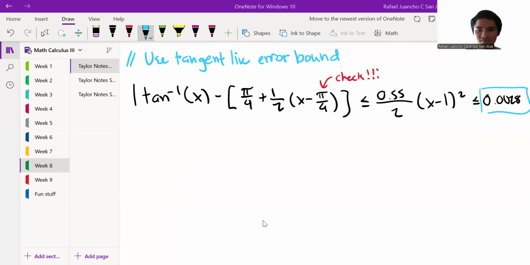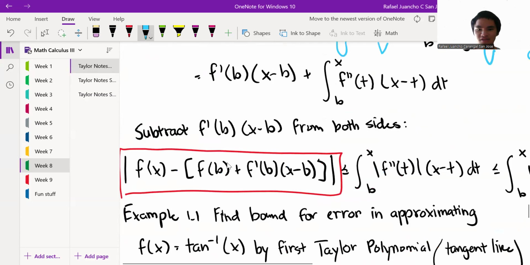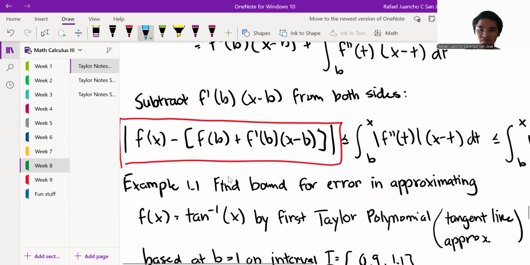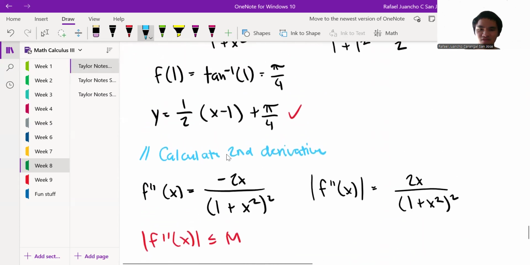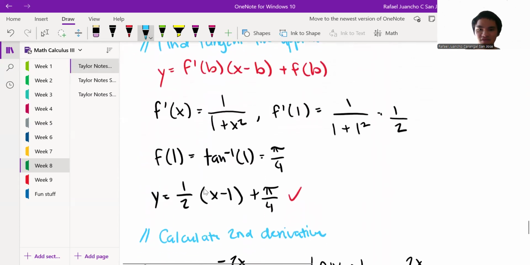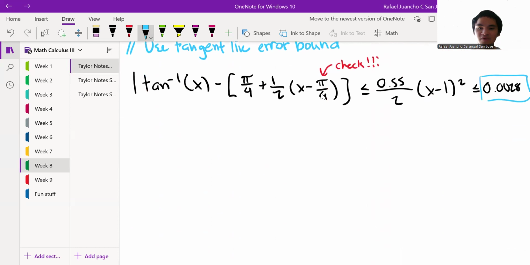Tangent. Yeah, this is tangent minus f of b. So f of b is pi fourths. Its derivative is f prime of b. Yeah, because I did get it here. That's the funny thing. And then somehow this turned into a pi fourths.